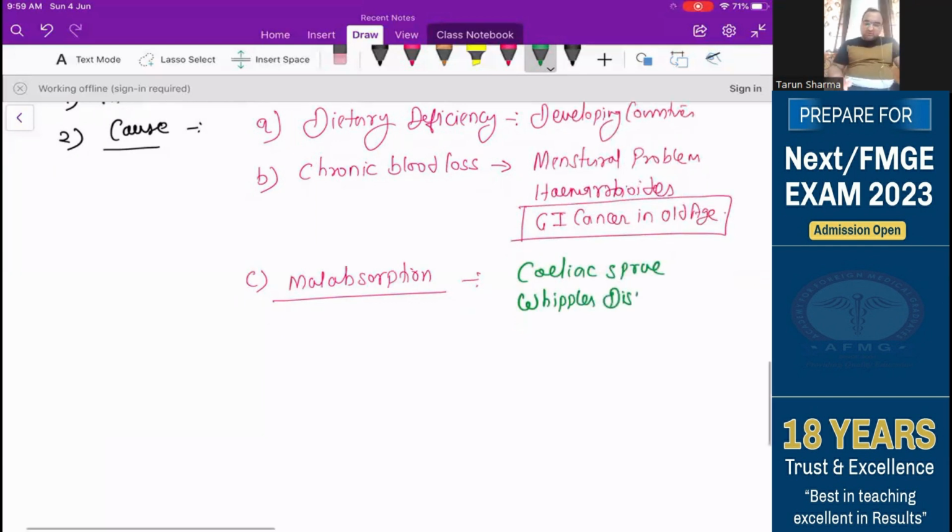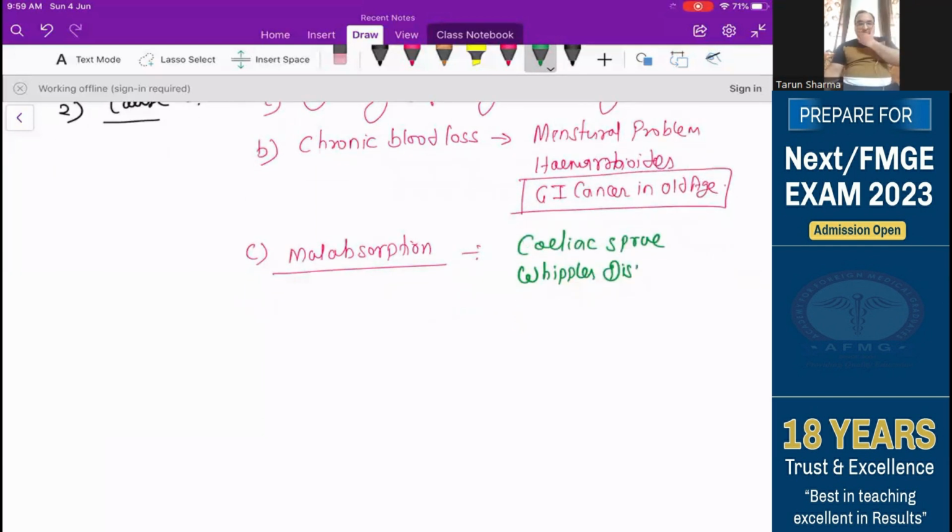Okay, so how will you remember the diagnosis, whether it's celiac or Whipple's or any other malabsorption disease? By remembering the site of absorption. So what is the site of absorption of iron in the GIT? Remember, in the GIT, absorption takes place in the duodenum. Duodenum is the site of iron absorption.